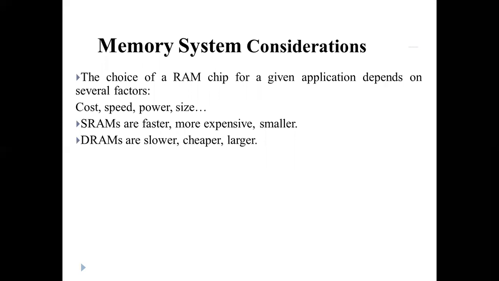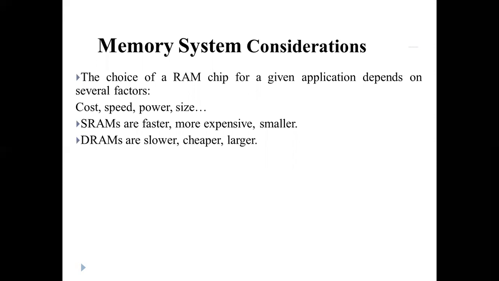The cost, speed, power, size. Whenever you are looking for a memory, you are looking for some application. At that time, your requirements will be assessed, and a feasibility study of the requirement for memory, cost, speed, power and size is done.